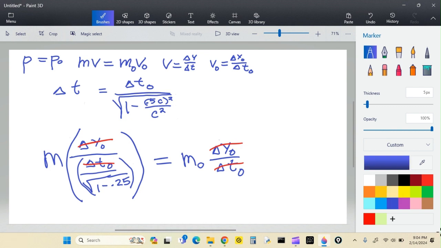So if I look at this thing, that's the same as m times square root of 1 minus 0.25 equals m sub 0.